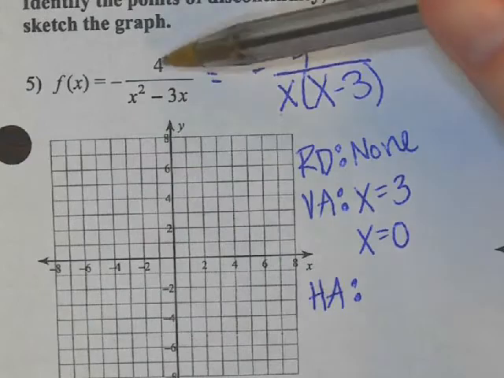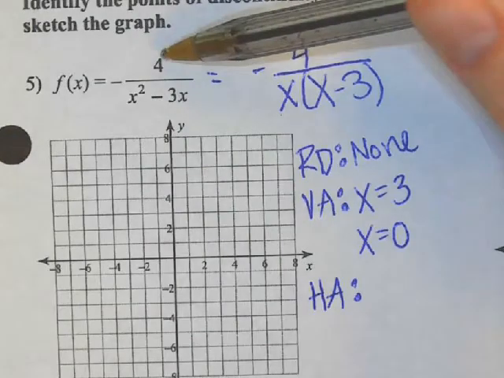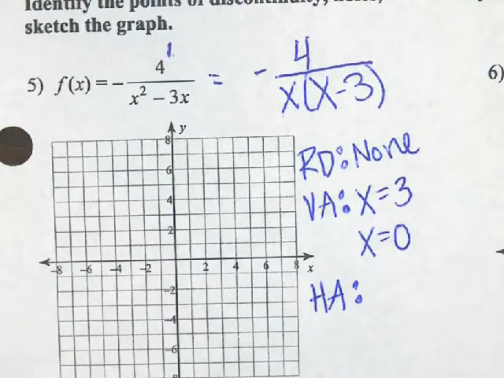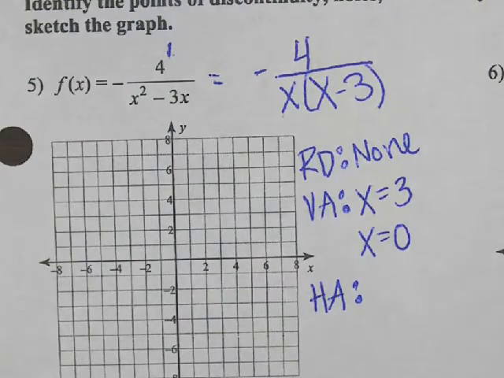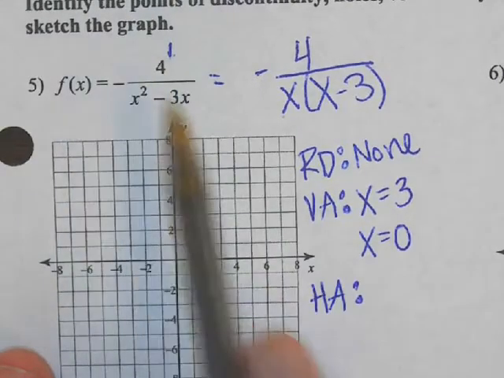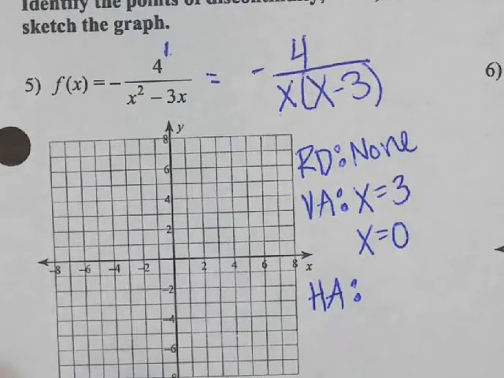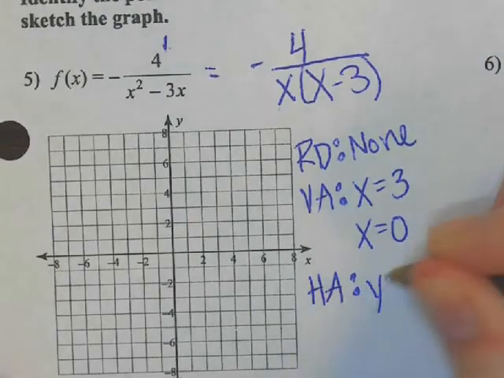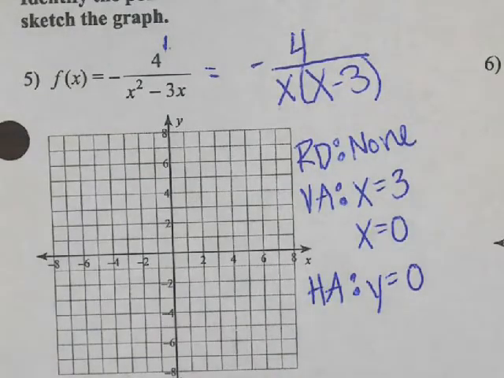So in the numerator, we have a 0 degree, even though there is an exponent of 1 here. Yes, I understand that. But degrees correspond to just variables. So if there's no variable, it's 0. What's the degree of the denominator? 2. So top heavy, bottom heavy, which means the bigger the bottom gets, the closer you're going to get to 0. So y equals 0 would be your HA.